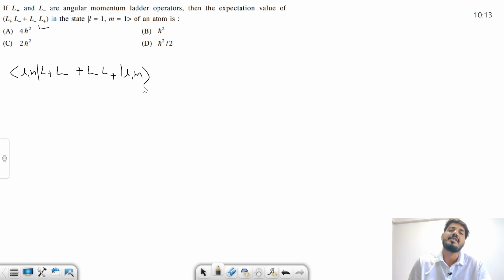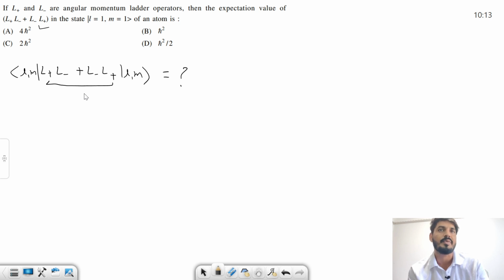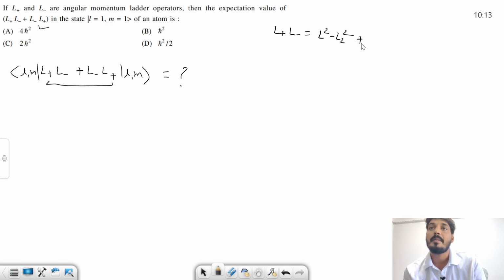That means this thing we need to find out. So how to do this? Very simple. First we need to see what this operator is, this whole operator. You remember this? L plus L minus operator is always L square minus LZ square plus h cut LZ.